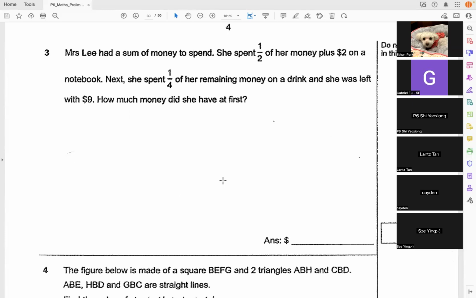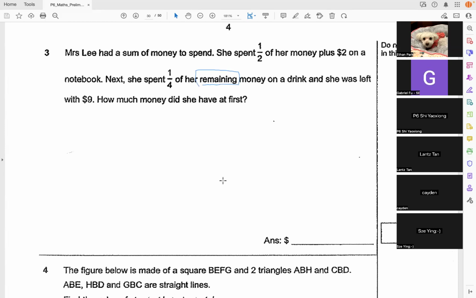Okay, Mrs. Lee had a sum of money to spend. She spent half of her money plus $2 on a notebook. Next, she spent 1/4 of her remaining money on a drink, and she was left with $9. So the key word here is this word, remaining.